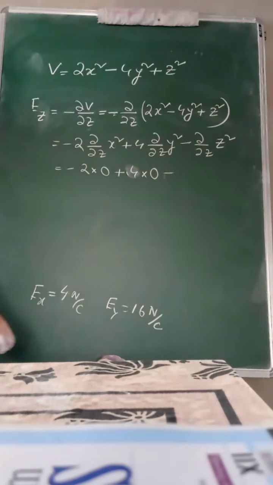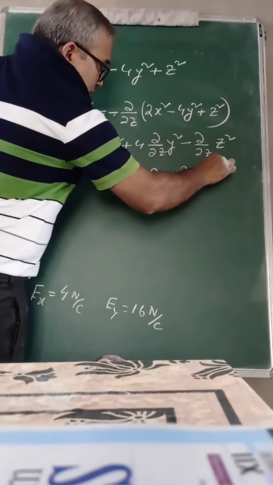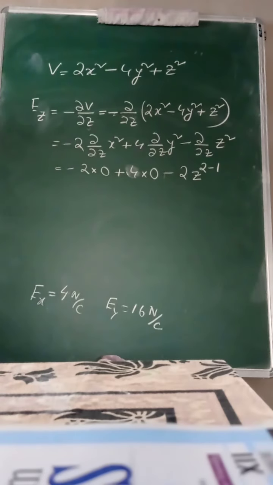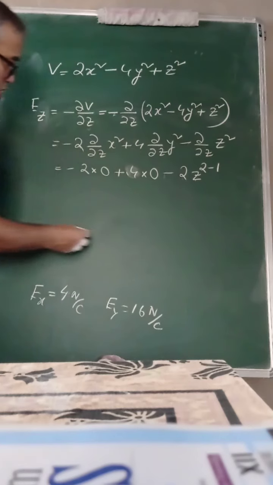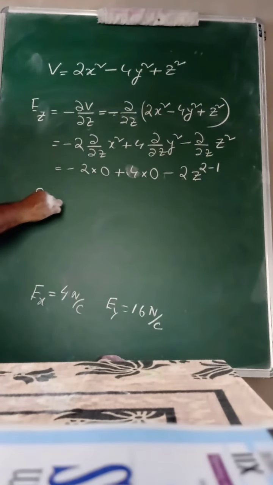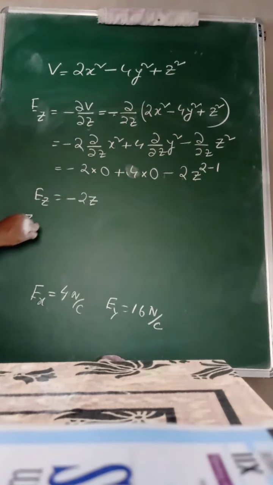If we differentiate z square with respect to z, we are getting twice z to the power 2 minus 1, twice z. So Ez is found to be minus twice z. What is the value of the z coordinate? 3 meter.